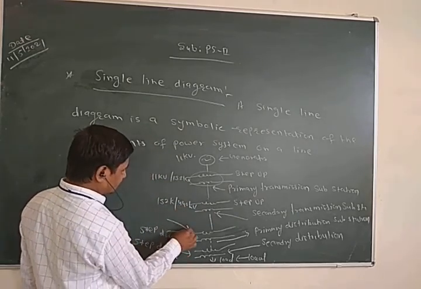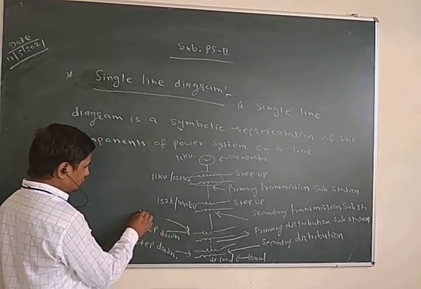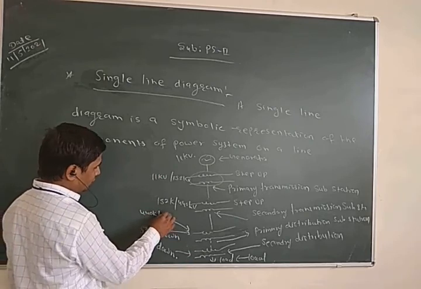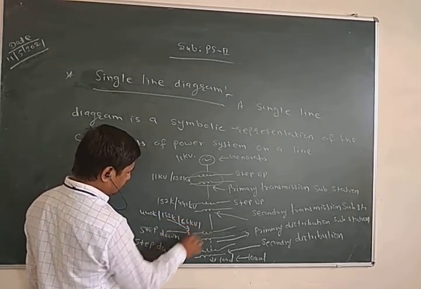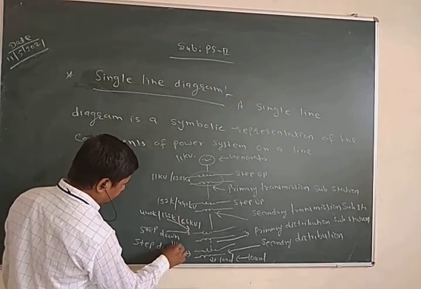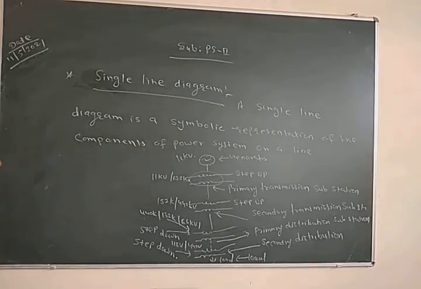Now at the distribution substation, this voltage is reduced from 400 kV to 132 kV to 66 kV, or here 11 kV to 400 volt. So this is the single line diagram of a power system in which all the components of the power system are represented by their symbols. Okay, thank you for today's class.